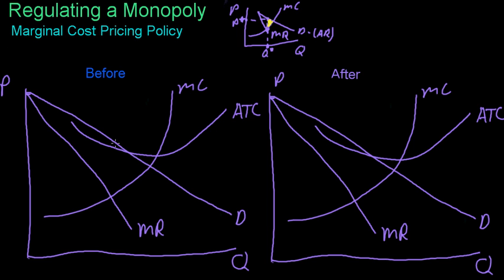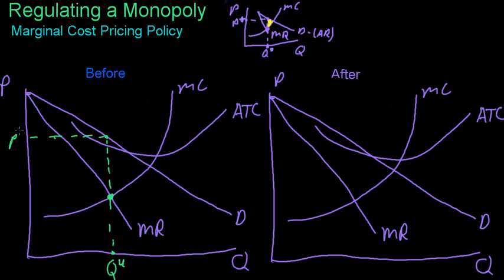So without any regulation whatsoever, the monopolist is going to produce where marginal revenue is equal to marginal cost. They will produce this quantity, which I'm going to label Q with a U above it for unregulated. They're going to charge this price, which I'll label P with a U above it.